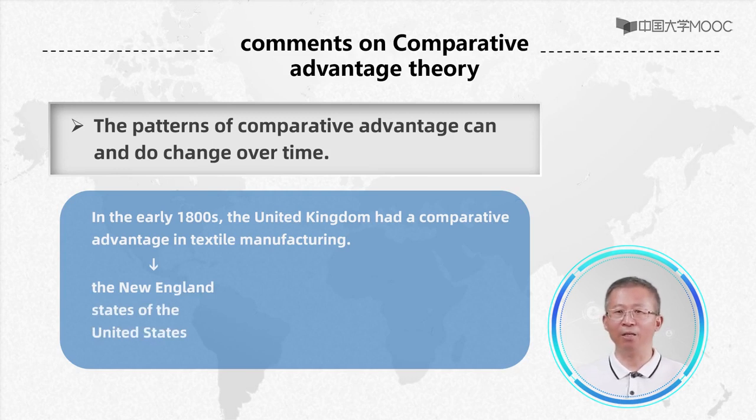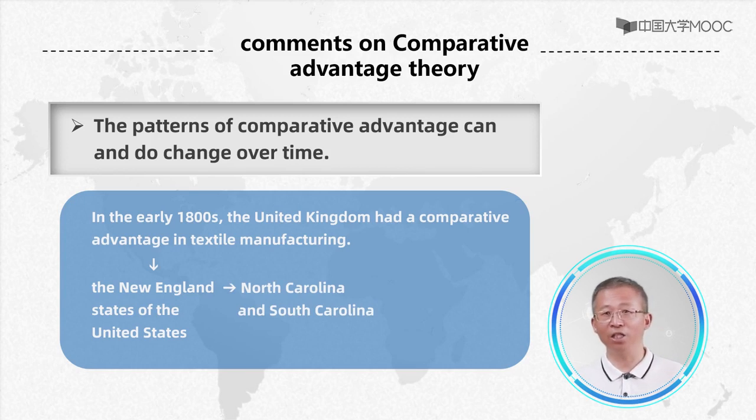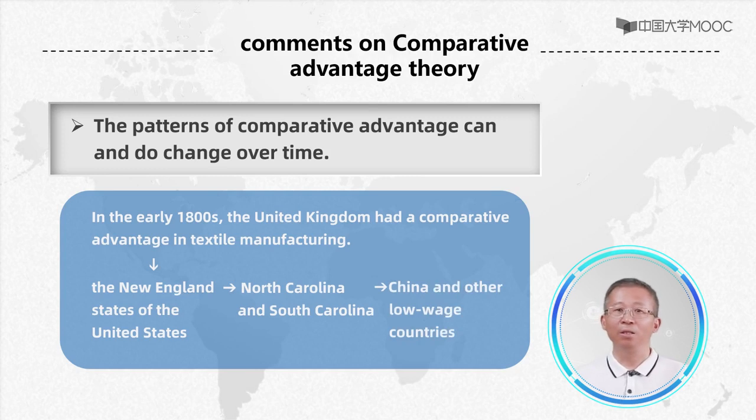Then that advantage shifted to the New England states of the United States. Then the comparative advantage shifted once again to North Carolina and South Carolina. Now the comparative advantage resides in China and other low-wage countries.